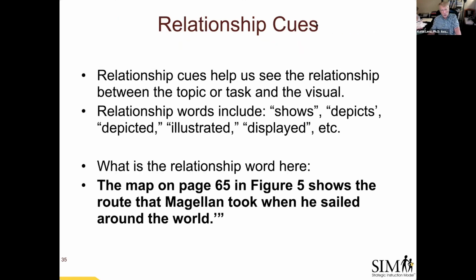The first kind of clue is a relationship clue. Relationship clues help us to see the relationship between the topic or task and the visual.